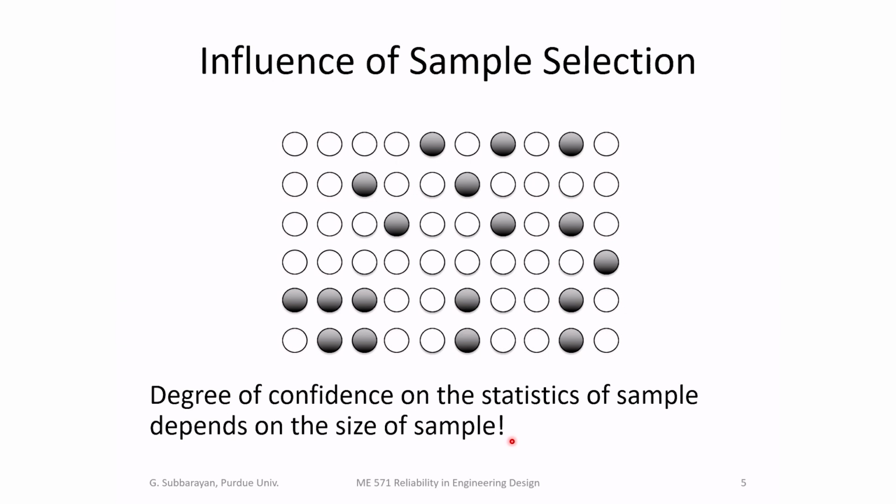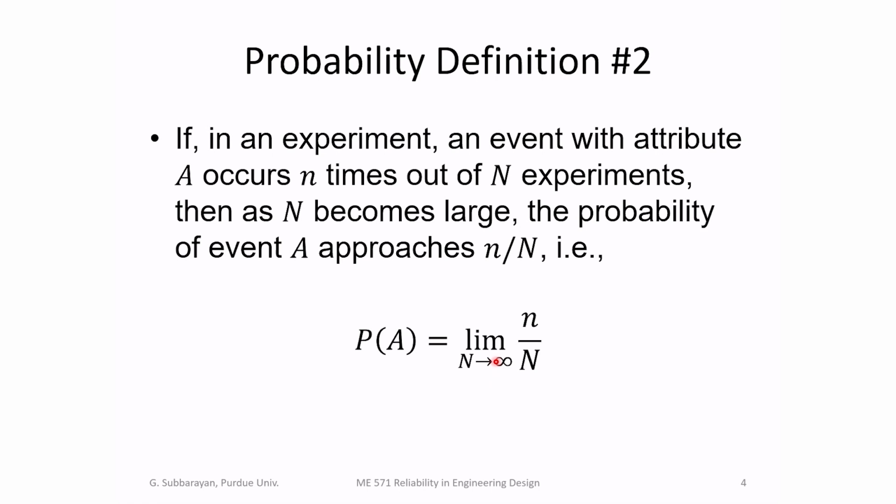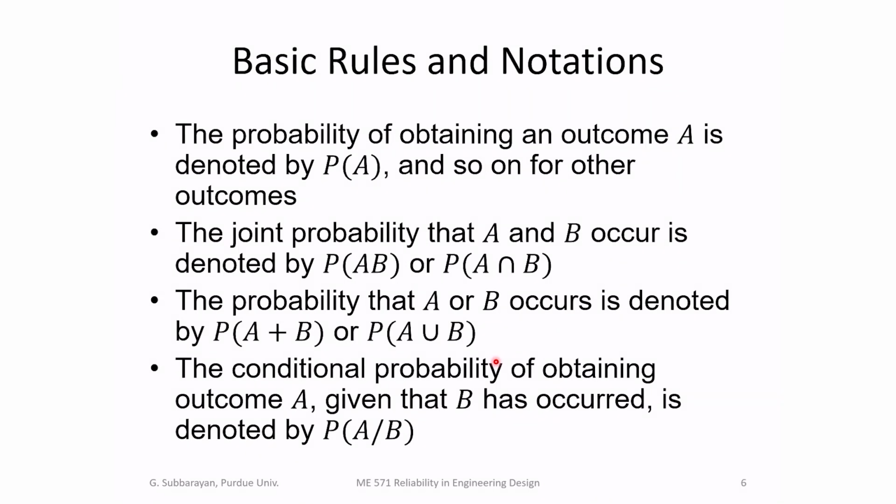Whenever we do statistical characterization, there's always a dependency on sample size. Any statistical characterization requires, for us to have greater confidence, a sample size approaching infinity. So anytime I have a sample, I need to have as large a sample as possible. So that is the sample size dependence.